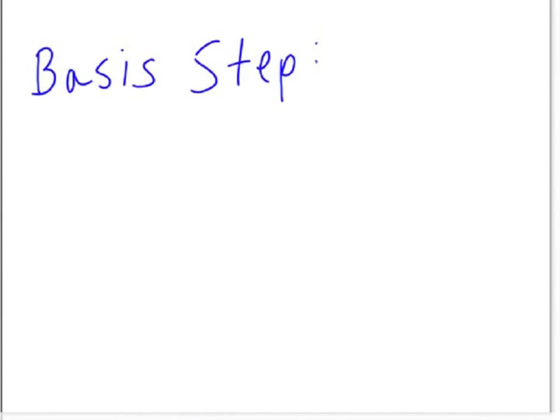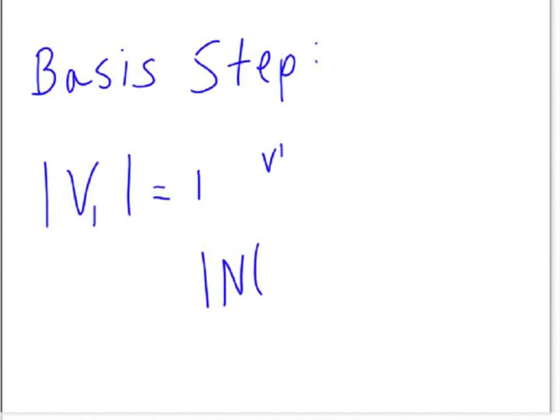So the basis step in this case is going to be when we have a vertex set V1 whose cardinality is 1, which means we simply have a single vertex v prime in V1. And because we're assuming Hall's condition to be true, that is, the neighboring function on V sub 1 is greater than or equal to the cardinality of A.